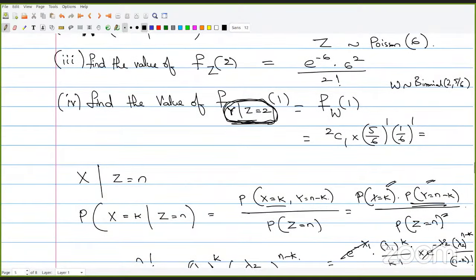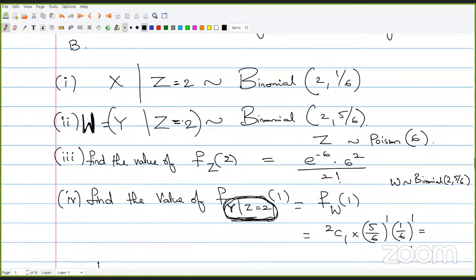Even if you follow from basics, you can convert this conditional to joint by marginal, and use the different Poisson formulas for each of the random variables, and you compute. Even then, you will get this value. I'm facing a problem with where to use Poisson and where to use binomial.